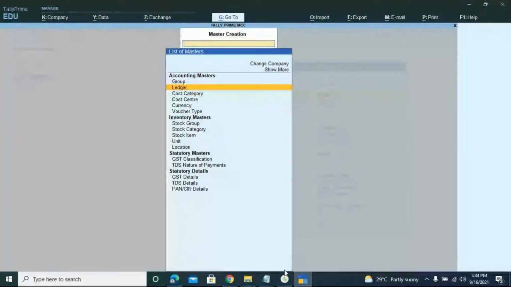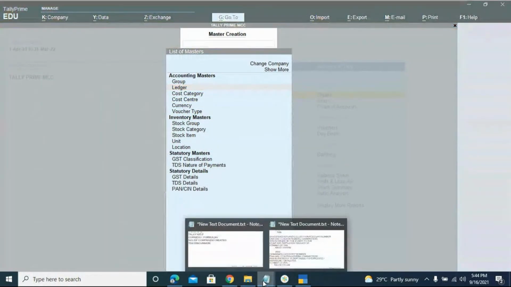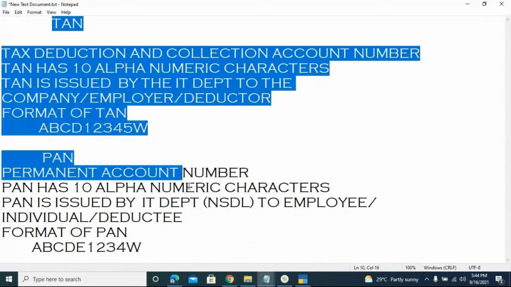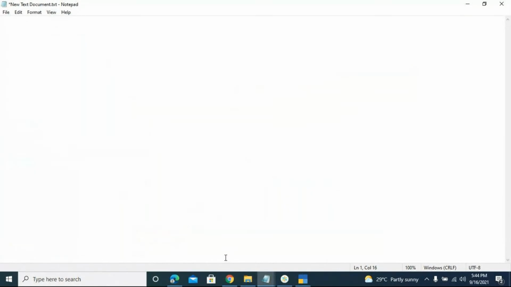So here I will give a small example in this text itself. TDS example.